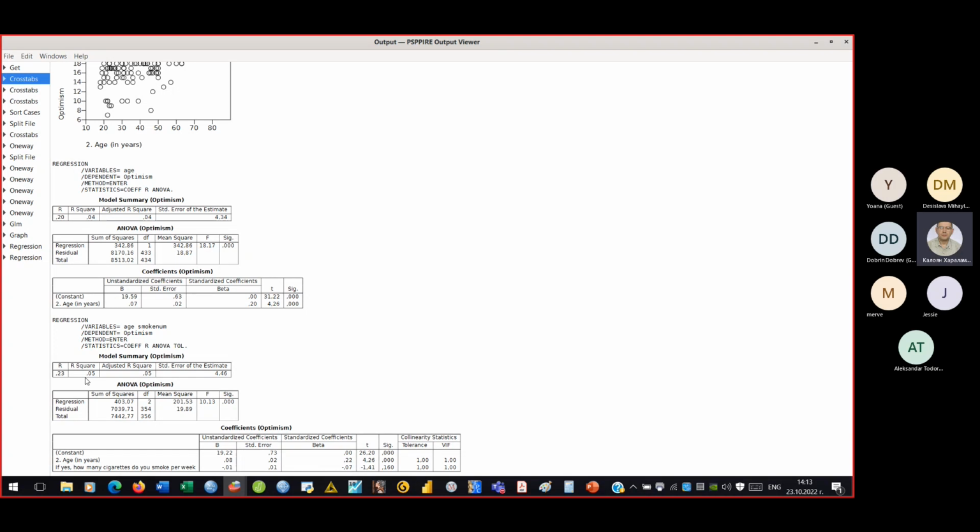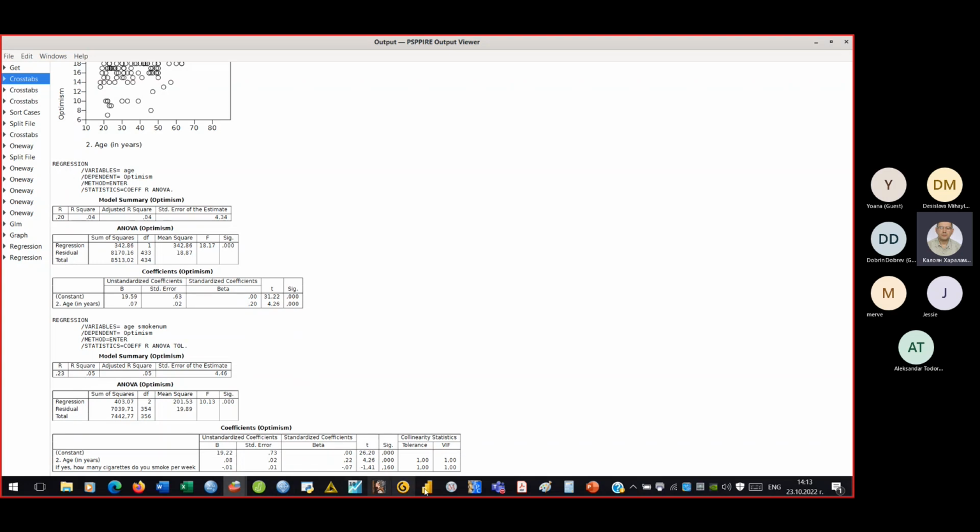In SPSS, we can measure the strength of correlation, the strength of relation between dependent variable and each independent variable separately. But here in PSPP, this is not possible.